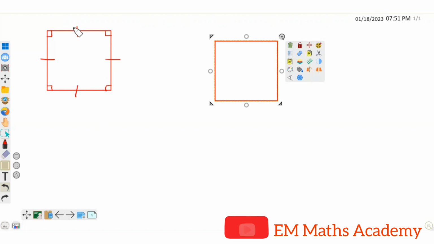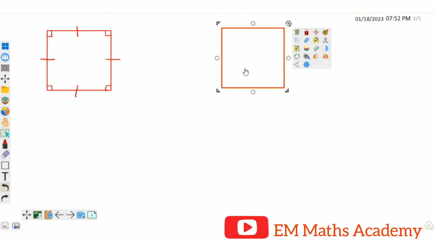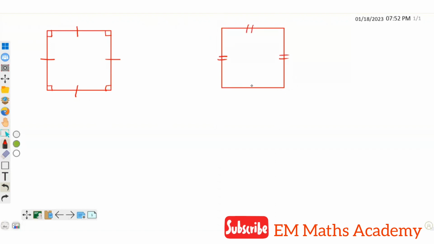Okay, now one line I have used to indicate that all the sides of this plane figure are equal. Okay, and sometimes we can use it like this. We can denote the equality using two straight line segments like this. That means it says all the sides are equal.